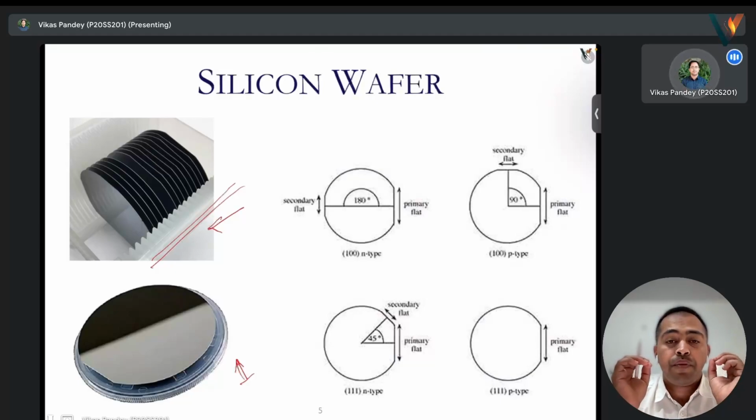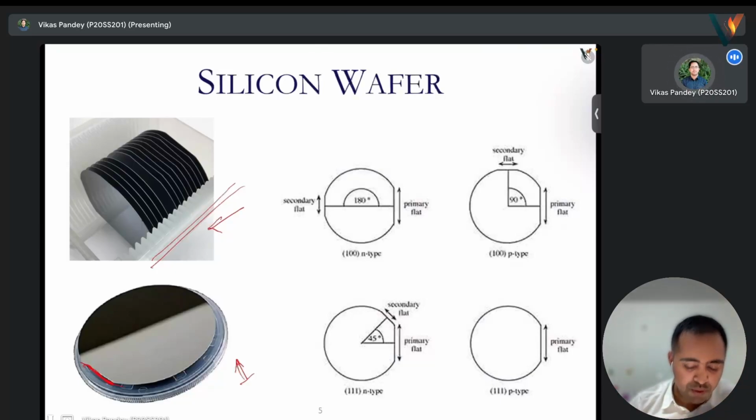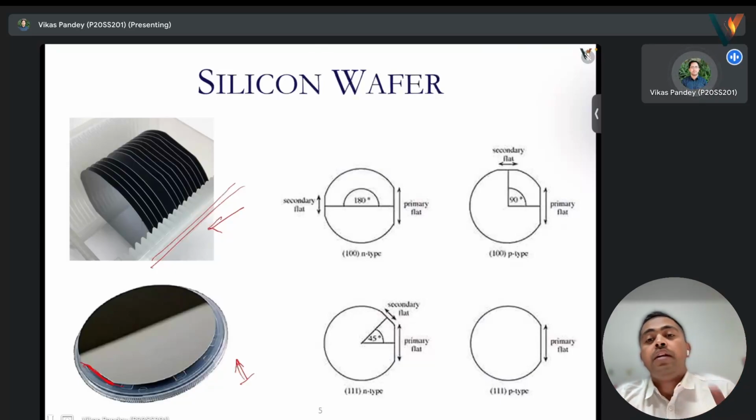You see the silicon wafer has some cut marks, like you see here. These are used to identify what type of silicon wafer it is. We will not go into crystallography and p-type and n-type.